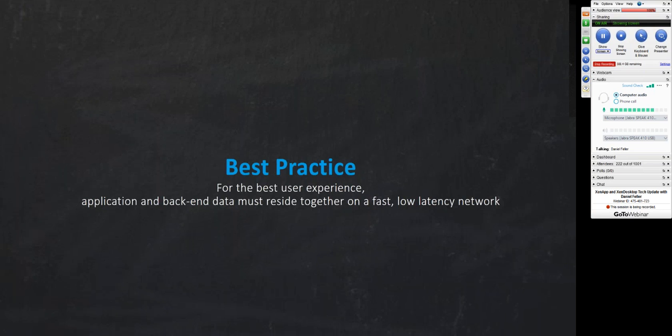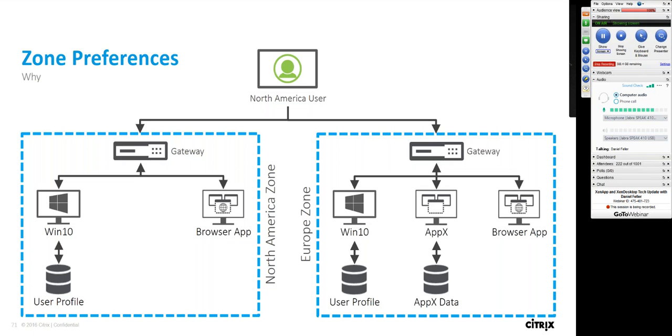That's impressive. So I love this best practice, and I use it all the time. For the best user experience, you keep the app and backend data together, or at least on a fast, low latency network. Let me explain how this fits into the whole zone discussion.